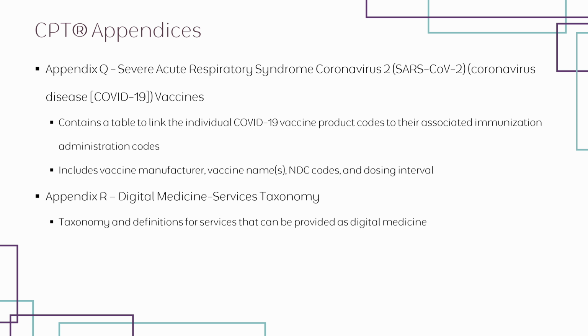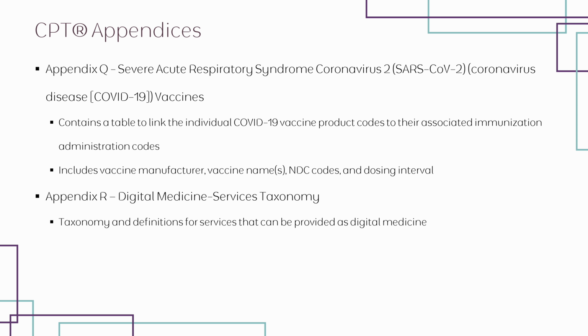As multiple vaccines have been developed, each with its own specific product code and administration code, Appendix Q provides a consolidated listing of the appropriate CPT codes for each COVID-19 vaccine product and its related administration. This appendix allows coders to quickly verify which product and administration code should be reported for each specific COVID-19 vaccine, minimizing confusion and supporting accurate coding during public health reporting and reimbursement.